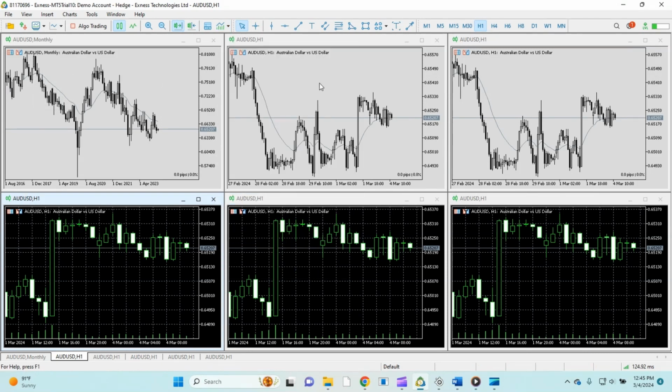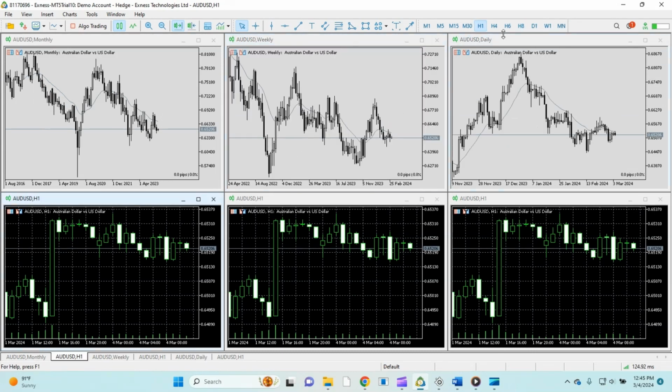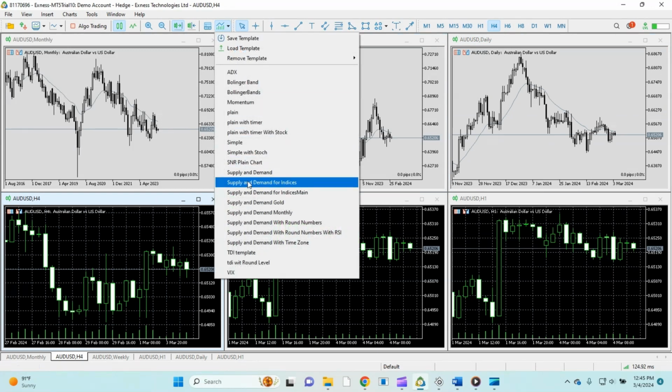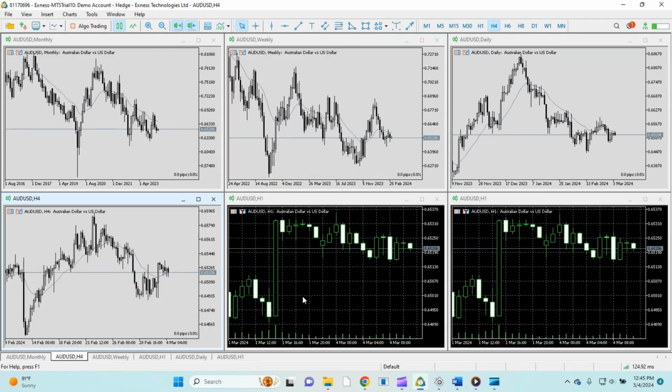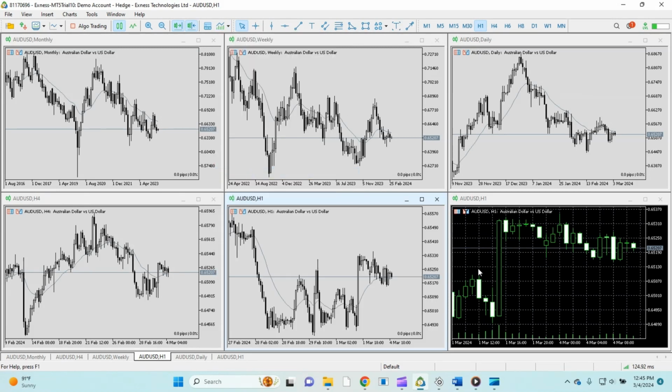This is monthly, this is weekly, this is daily, then this is 4 hourly. I do it in such a way that I will have an overview of what is happening from the monthly to the 1 hour time frame.